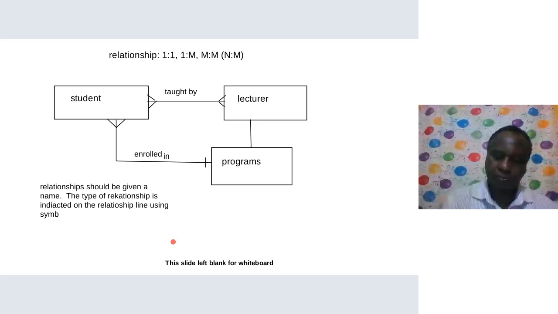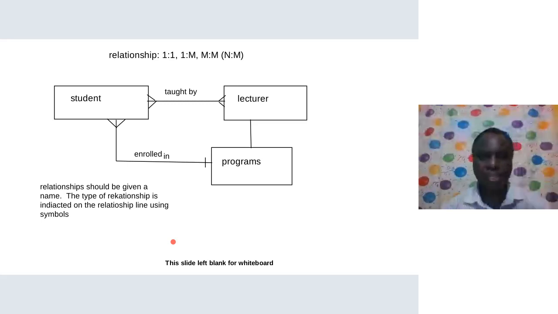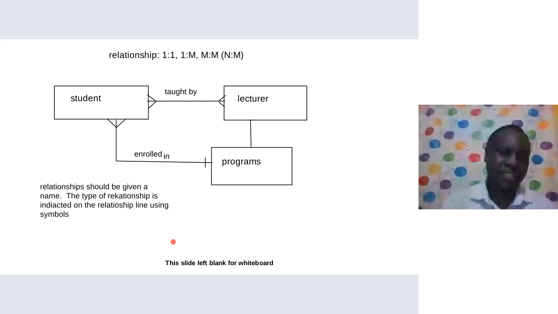So we don't write whether they are one or one to many on the relationship line; you indicate using symbols.